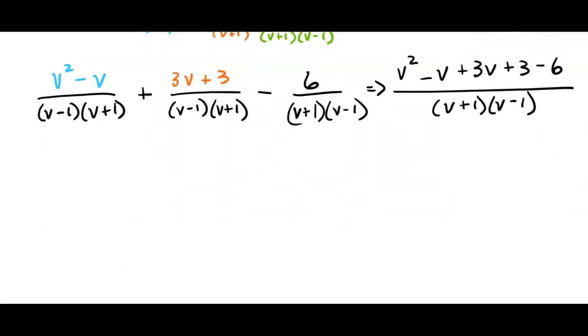Okay, now what can we do up in the numerator? We want to try to simplify. And we want the polynomial in standard form, so I'm going to write the v squared, and then it looks like those v's combine, so plus 2v, and then the 3 and the minus 6 combine, so minus 3, over v plus 1, v minus 1.